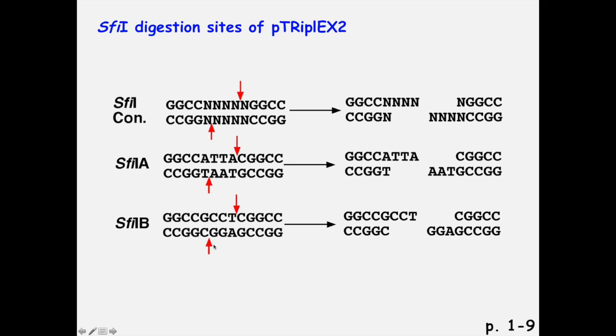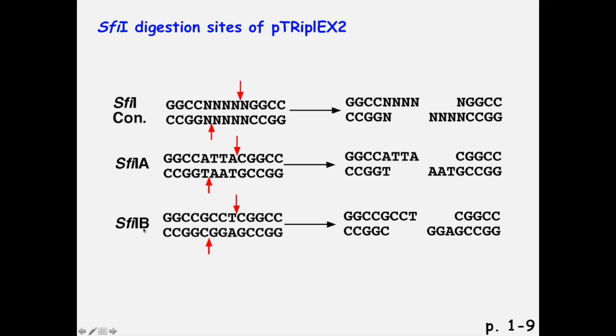And what happens when we open up the plasmid, this area here, whenever you see a restriction site that has all these ends, it means that it doesn't matter what bases typically we have there. It just means that the distance has to be the same. And the position has to be the same. So in this case, the SFIA has this sequence where it splices through the A and the C and the T and the A right here.